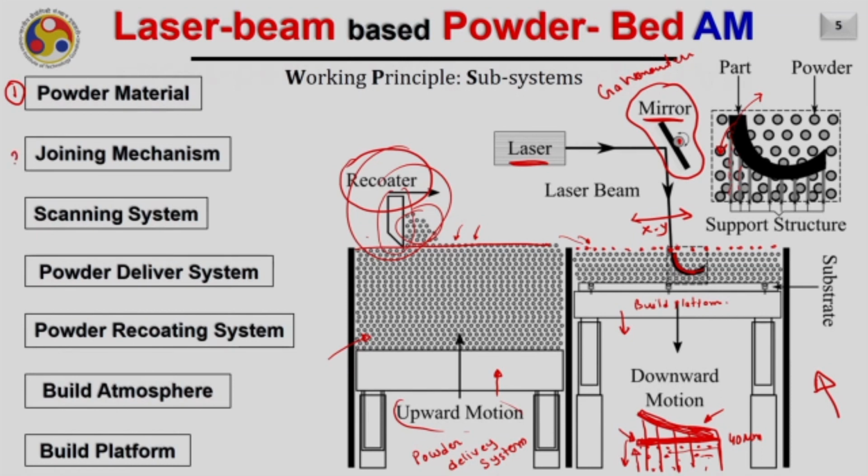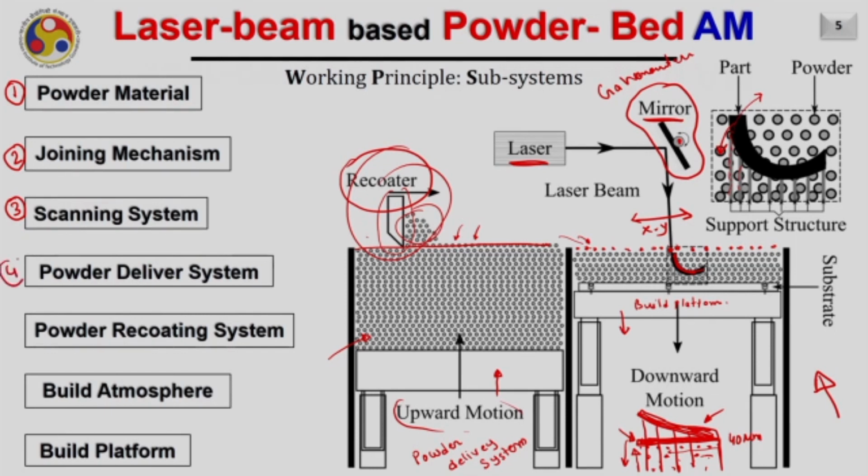The second is the joining mechanism. How are these powder particles going to join? Are they going to join by sintering, or by melting, or by liquid phase sintering? The third possibility is how you are going to scan the spread layer on the XY plane, whether it is scanned by a galvanometric system, or by the flying optics, or by putting a mask under the floodlight.